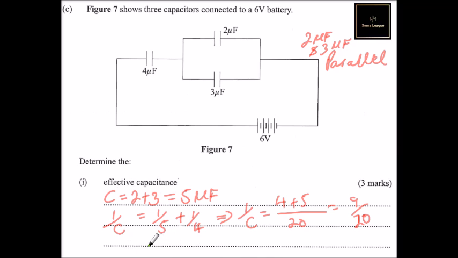So 1 over C is equal to 9 over 20. So cross multiply, you find that C is equal to 20 over 9. That is, multiply 20 by 1, you get 20. C times 9, you get 9C, and you divide this side by 9, which will give you 2.22 microfarads, to 2 decimal places. So that is how you answer that.